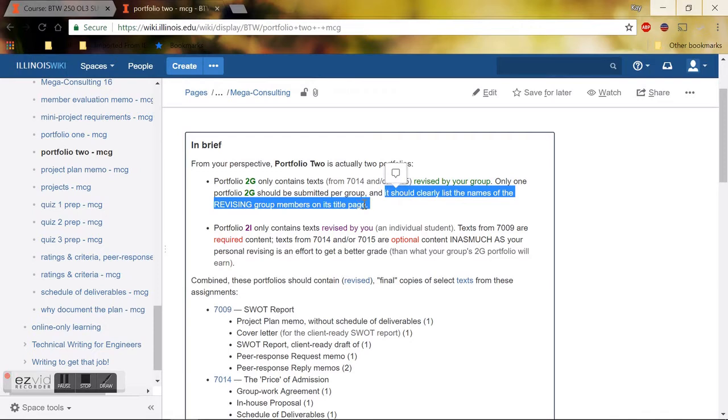You should only list those group members who actually participated in the revision because that's what you're getting graded for. So it's really important that everyone in the group who is participating, who is responding and active, takes an equal part in the revision. Okay, so everyone in your group should be revising these documents from 7014 and 7015.